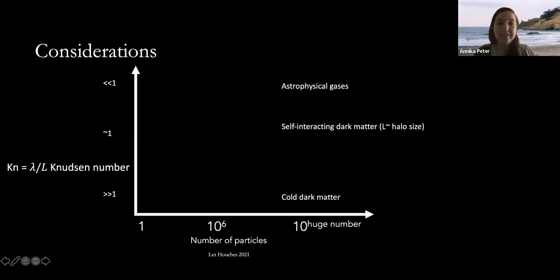So this is the space in which you can quantify different approaches to solving your initial condition to final condition problem: how many particles do you have, and how often do they scatter?